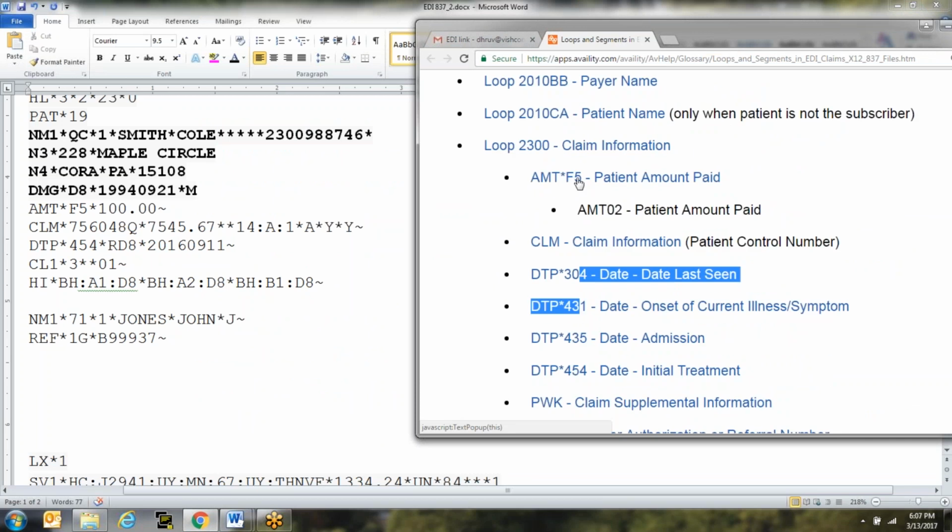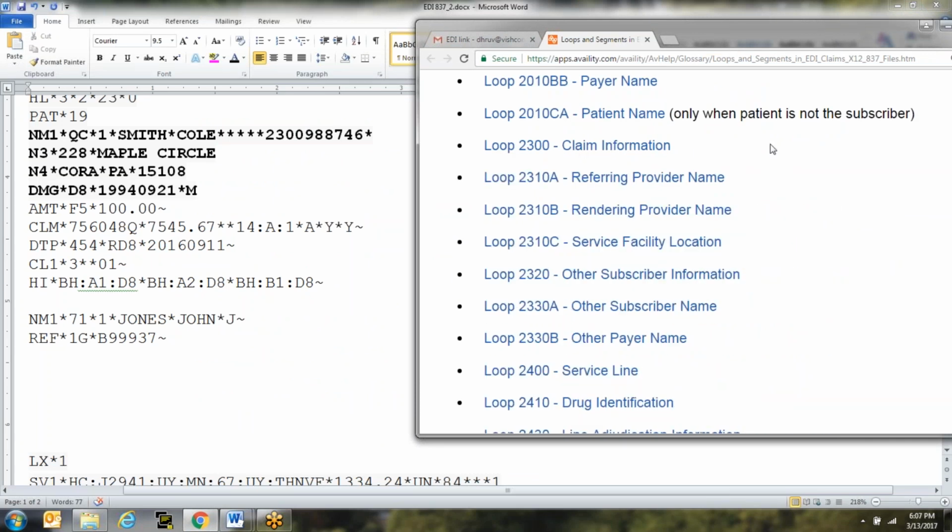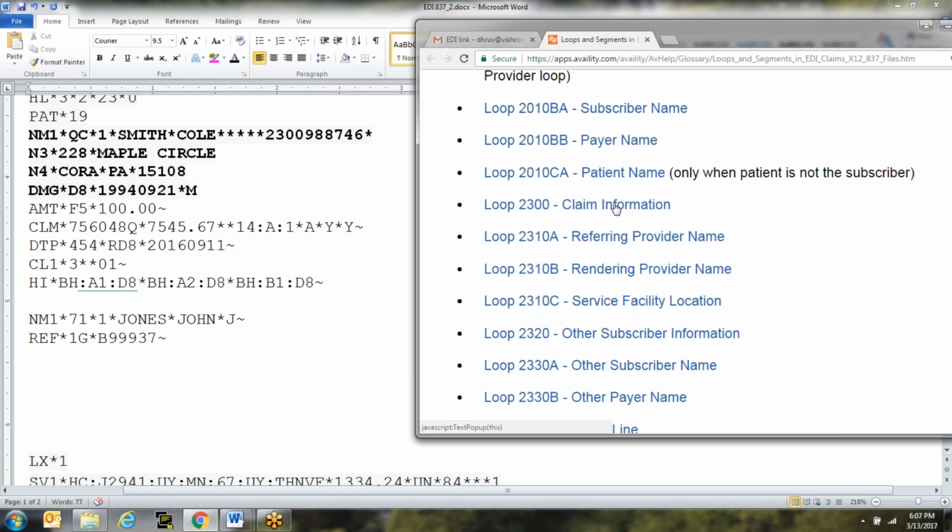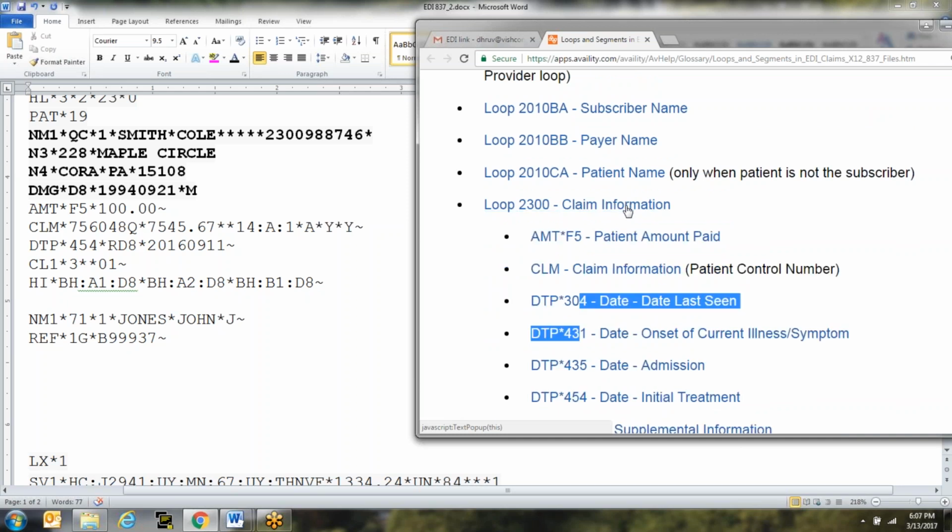Now, when you want to find out what exactly is the claim information, what are the different areas of this claim which will be used by the claim processing engine to process this claim, you click on this link, loop 2300. Do you need to know what 2300 means? No. Why? What's the relevance of this number? You don't care. You don't have to.